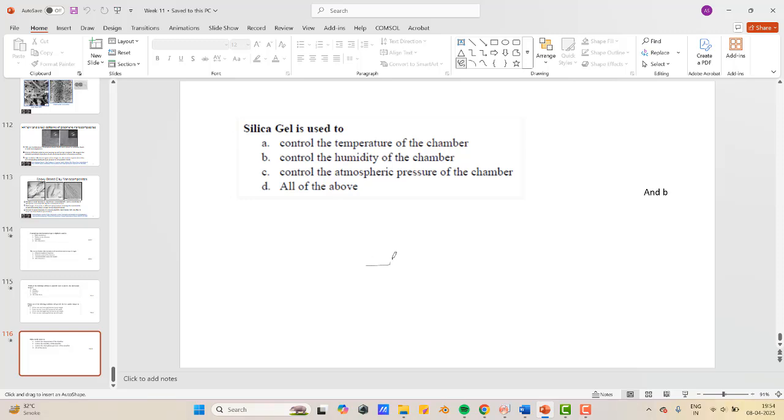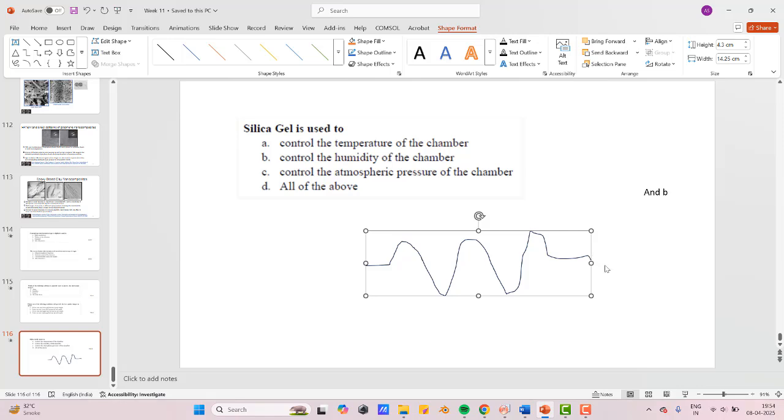Suppose we have roughness like hills and valleys. How much is the roughness? So this height is 100 nanometers, suppose. So the depth of field in this case will be 100 nanometers or more can also be there.